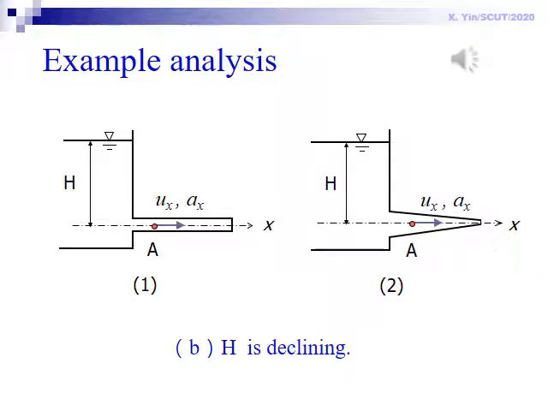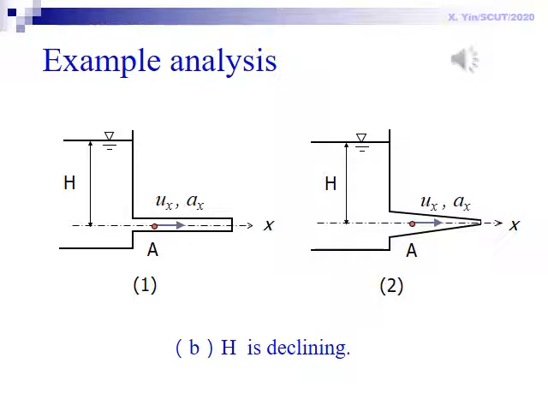Now h is declining, which means the water surface in the tank is getting lower and lower. The force driving the flow is getting smaller and smaller. Therefore, the temporal acceleration at any point is less than 0, both in case 1 and case 2. As for migrating acceleration, in case 1, it is equal to 0.